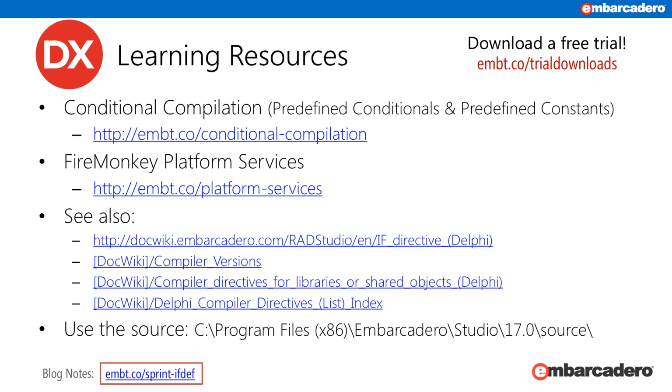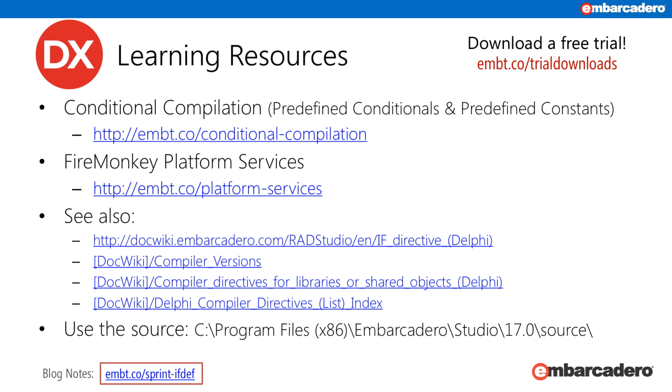So David's asking, if 10 Seattle's version number is 30, how do we know the actual version number versus the marketing version number? That's a really good question. 10 Seattle is version 10 Seattle, and then the next release will be version 10.1 with a different city name, 10.2 with a different city name. But the compiler version can be found in the DocWiki at the URL I provided for you there.